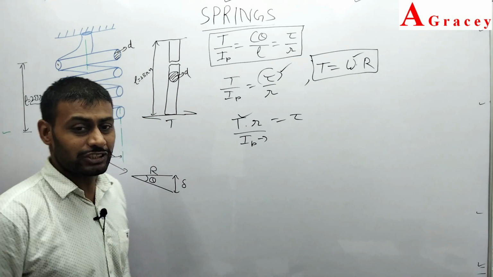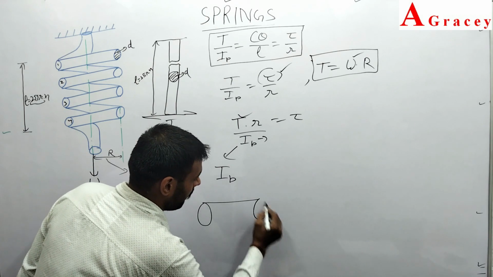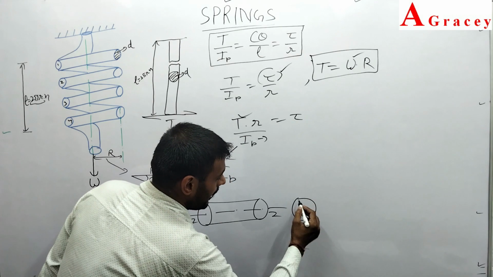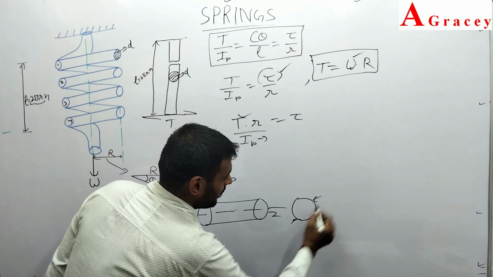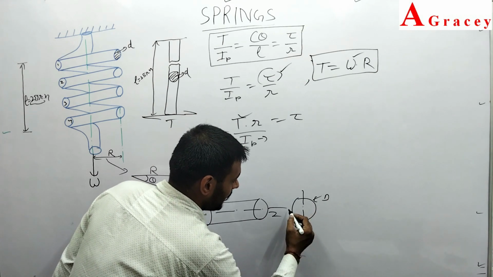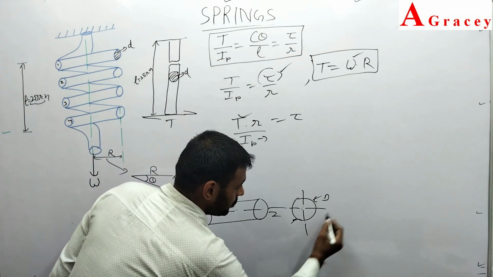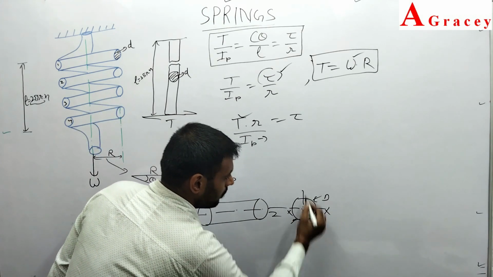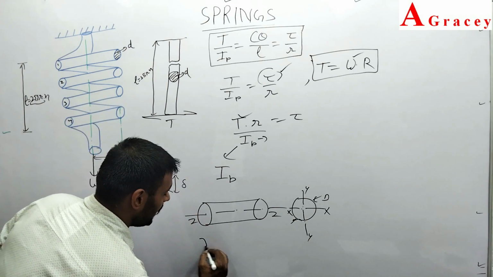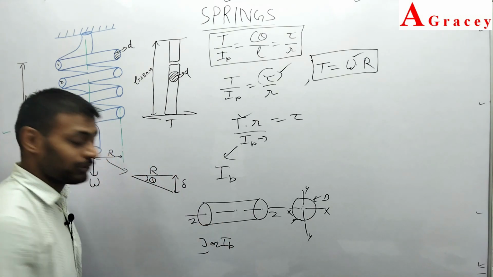And what is the polar moment of inertia? For example, you have any shaft, and this is your Z axis, and here a diameter D of the shaft is given, and this is your axis in the side view. This is your x-axis, this is your y-axis. So the polar moment of inertia J or IP, in some books they represent it as J, in some books as IP.